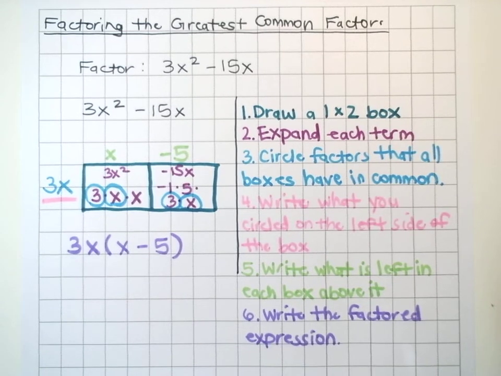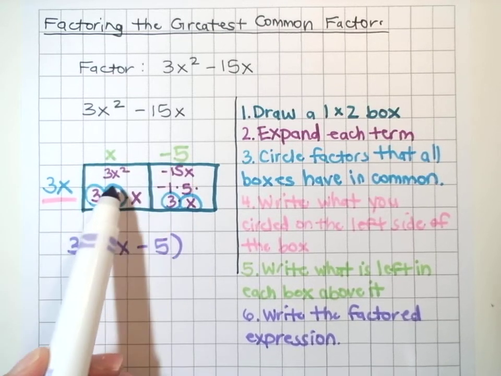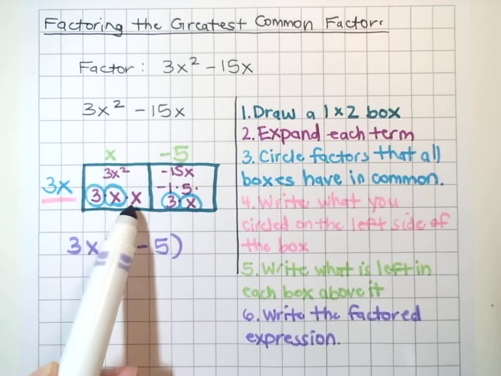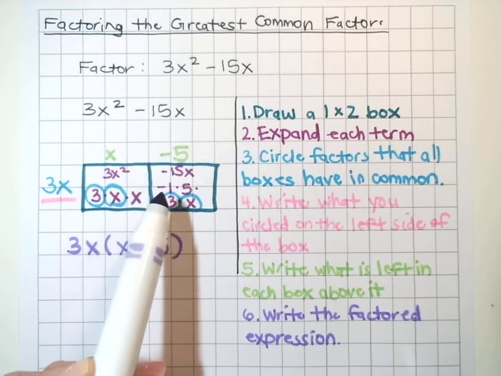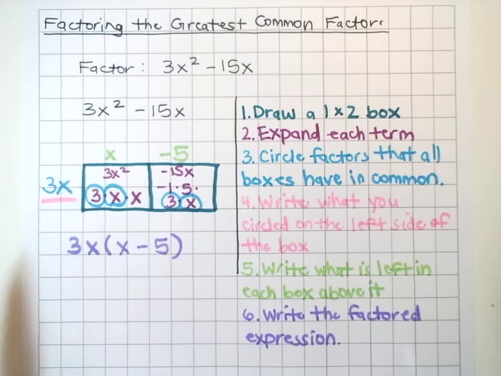So you're doing the reverse of what you did last unit. Last unit, they gave you this 3x and the x minus 5, and you had to find the area, the inside. Now they're giving you the inside, and you have to find the outside.